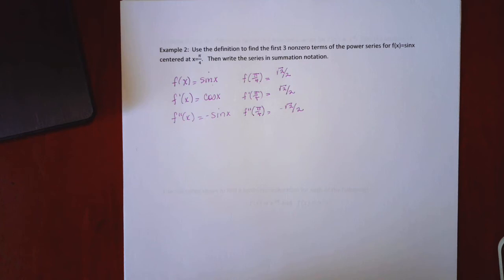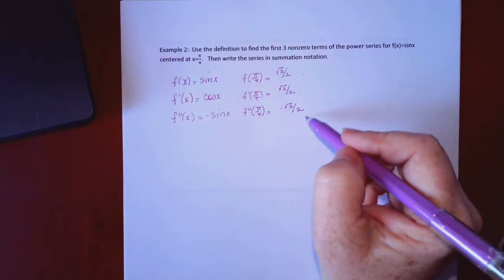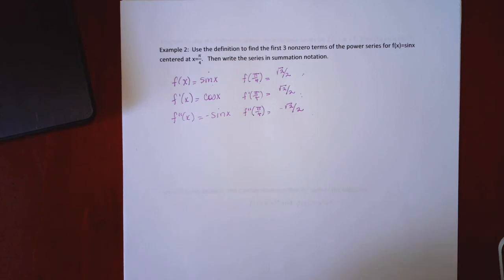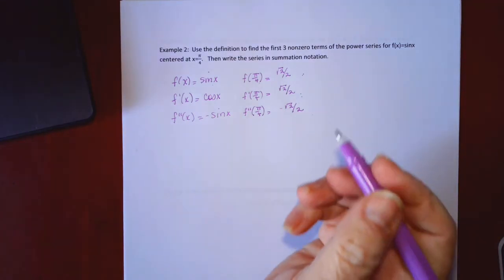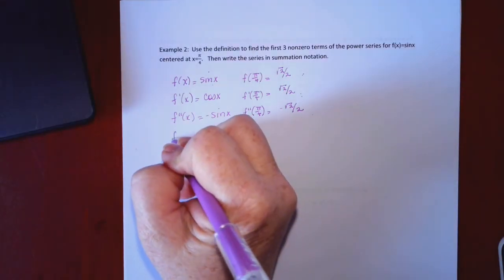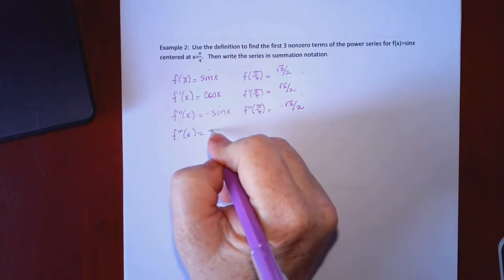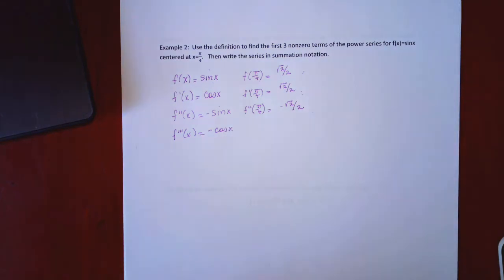Now, this one's a little bit odd in that we didn't go plus minus, we went plus plus minus. What would the next one be? Just in the interest of, we're about to have to write it in summation notation. If we had wanted another one, that next one would have been a negative sign as well, wouldn't it?